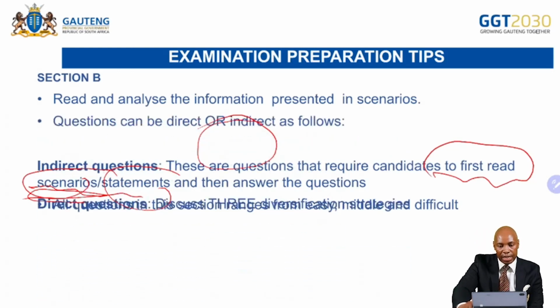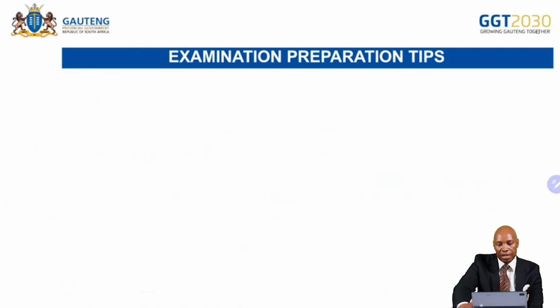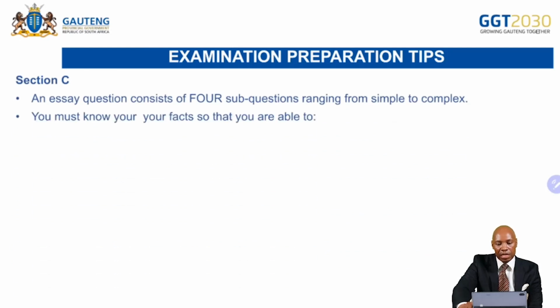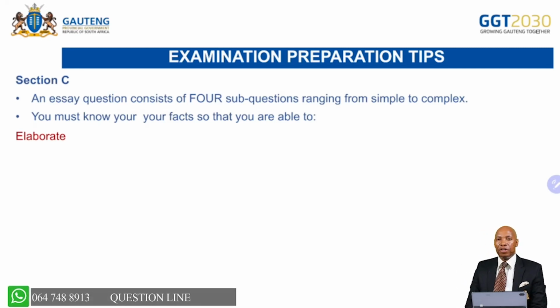Right. Now let's go to section C. We are about to finish. This is our last. In section C, remember your section C is your essay question, which is your question 5 and your question 6. In question 5, you will get an essay that is coming from business environment.